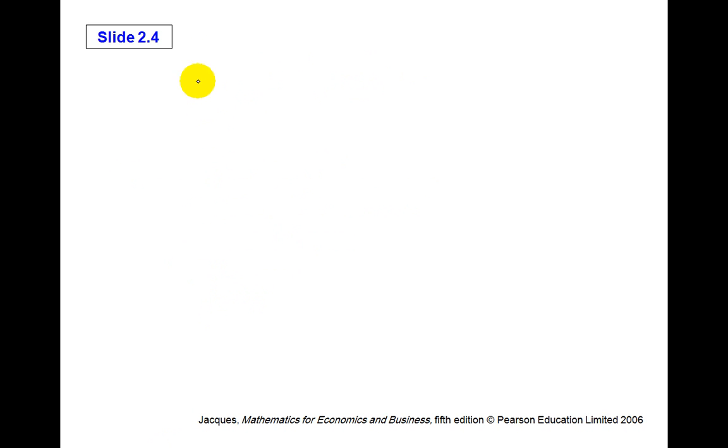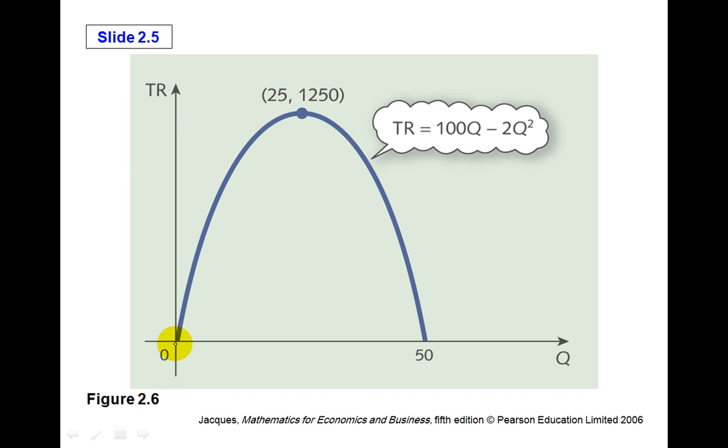And once you want to sketch the graph, of course, I think that the graph is already sketched here. Yes, the graph is sketched. Look, this is TR first, and this will be Q. So the points on Q were 0 and 50, the answers. If you remember, Q was 0 and Q was what? 50.